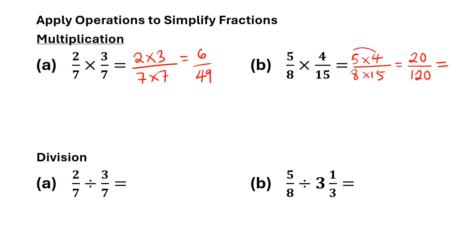Again, we're looking at reducing this fraction because the top number is even and the bottom is also even. We can divide the numerator by 20, and also divide the denominator by 20. Sometimes you can do this to quickly get to the result. So 20 divided by 20 is 1, and 120 divided by 20 is 6. Your final result is 1 over 6.